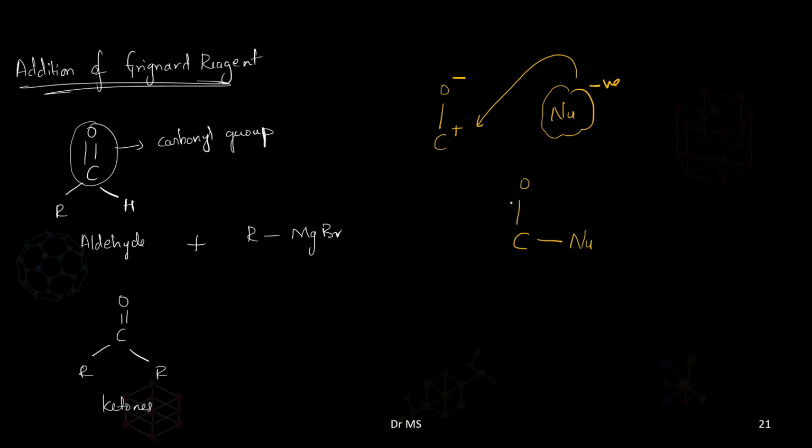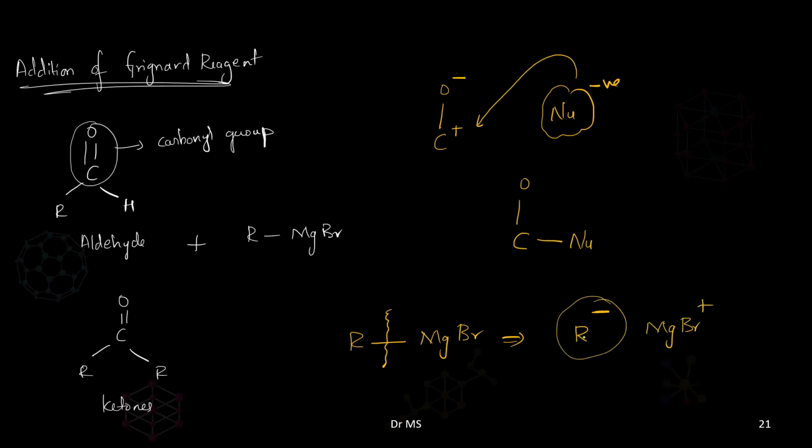In the Grignard reagent, the bond between the alkyl group and magnesium bromide breaks, forming R negative and MgBr positive. So R negative is our nucleophile.